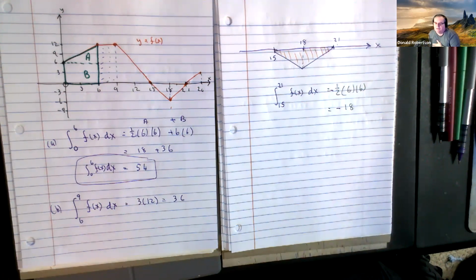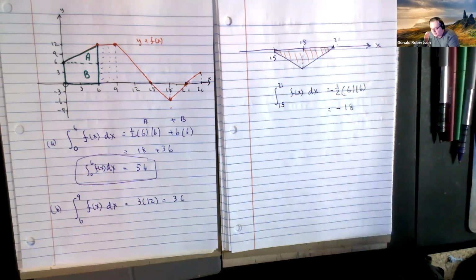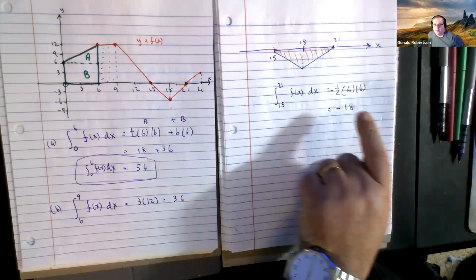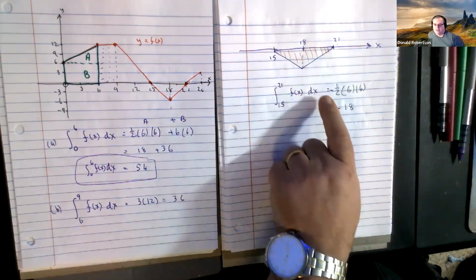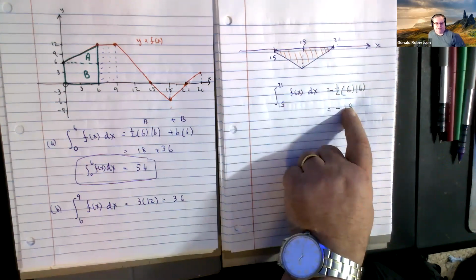So I want you now to accept that as far as calculus is concerned, negative areas under curves exist. Right? Not areas, but areas under curves. So if the extra words help, that's good, right? So this is below the x-axis and its area is 18, so it's -18.